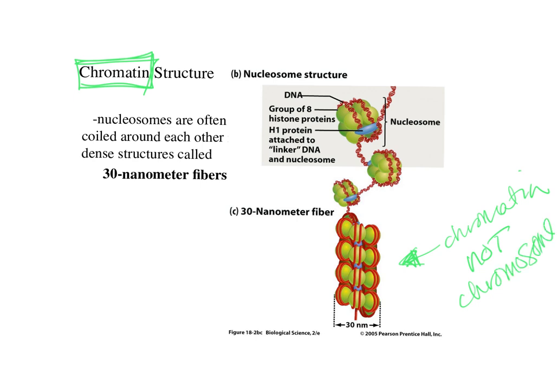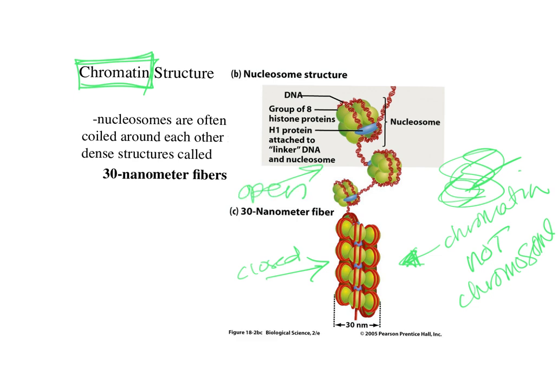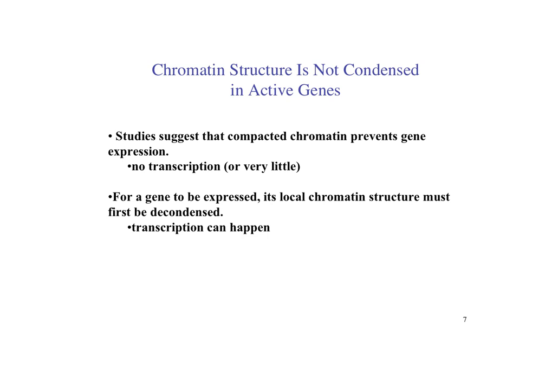So even in chromatin, which is spaghetti, when we draw the spaghetti, it still has some structure with those proteins. More like this, we might call closed, and we might call this open. That's still chromatin, still spaghetti. It's even more open in active genes.